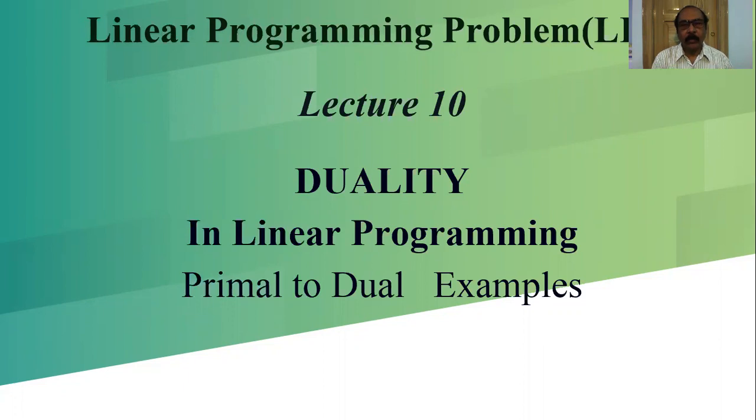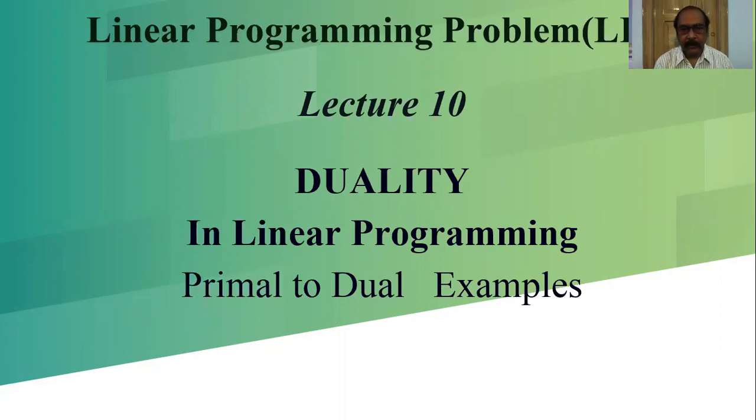We know any unrestricted variable can be expressed as a difference of two restricted variables. Suppose x is an unrestricted variable, then we can express x as x dash minus x double dash, where x dash and x double dash are greater than or equal to 0.